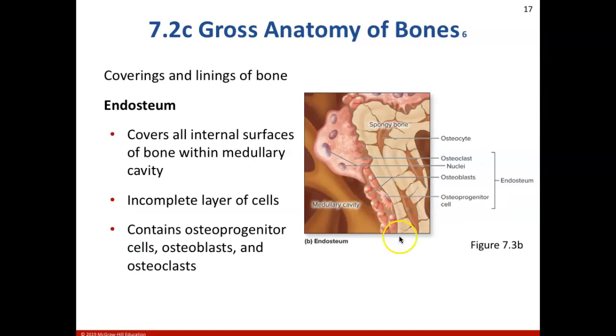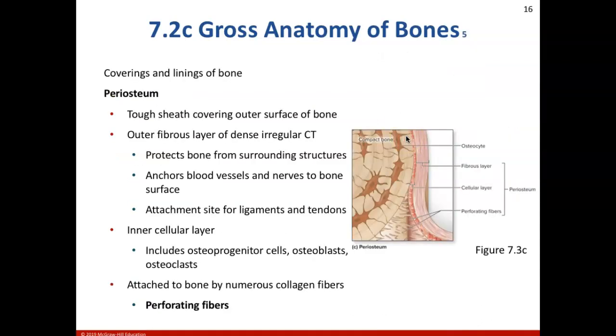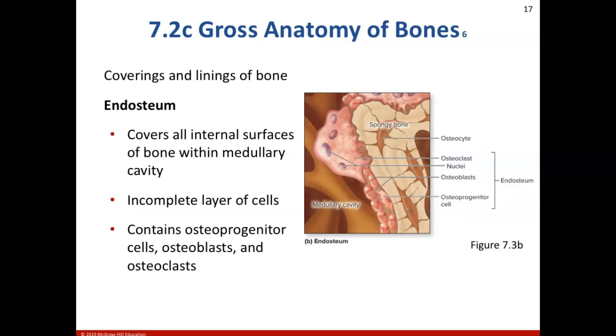If we look at the inside of the bone, I'm actually going to go back to this figure, and if we look at that medullary canal on the inner portion, kind of where that spongy bone is, we have a layer called endosteum. So endosteum is right there. We can also find it on the other side here. So it lines that inner wall. And here is basically a magnified photo of what's going on.